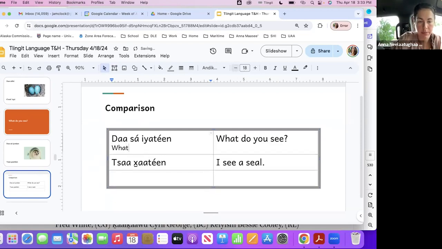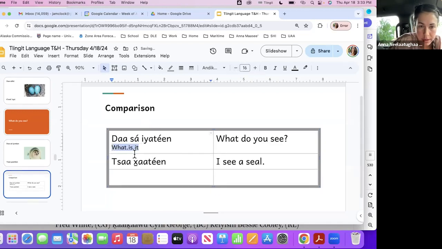It'd be like, what is it? And I'm gonna make these a little smaller so that it lines up with the word above it. So what is it? And then the iyatin. You guys remember what iyatin means in English? Yeah, you see.